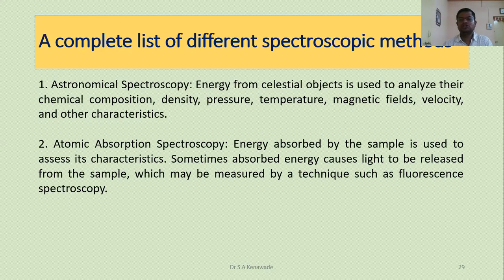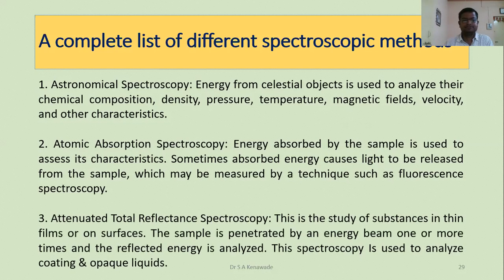Sometimes absorbed energy causes light to be released from the sample, which may be measured by a technique such as fluorescence spectroscopy. Sometimes this absorbed radiation by the matter releases some light energy we call fluorescence, and this fluorescence can be used again in fluorescence spectroscopy.